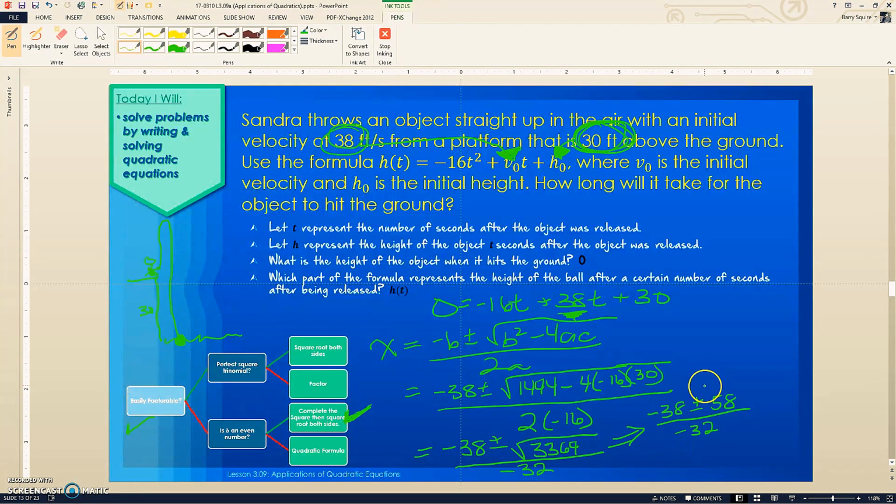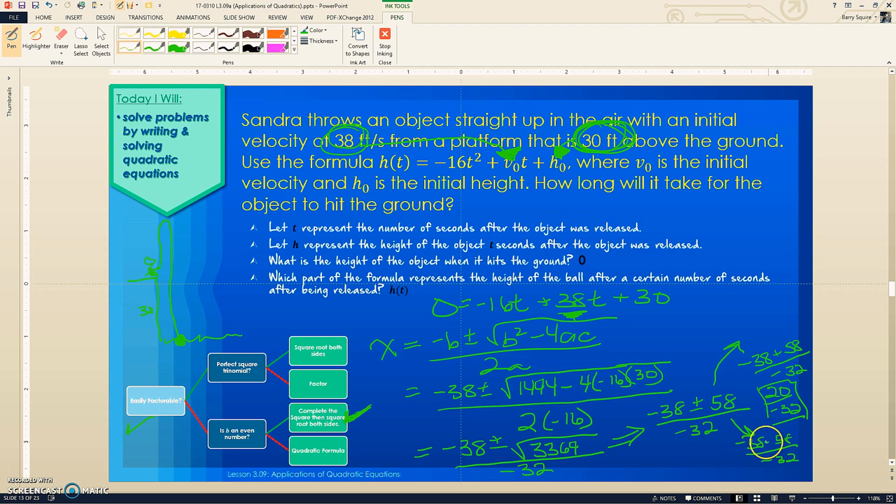And so now I can split this up into our plus 58 part and then our minus 58 part. So let's see, negative 38 plus 58 over negative 32. Ooh, that's going to be 20 over negative 32. Over the second way with negative 38 minus 58 over negative 32.